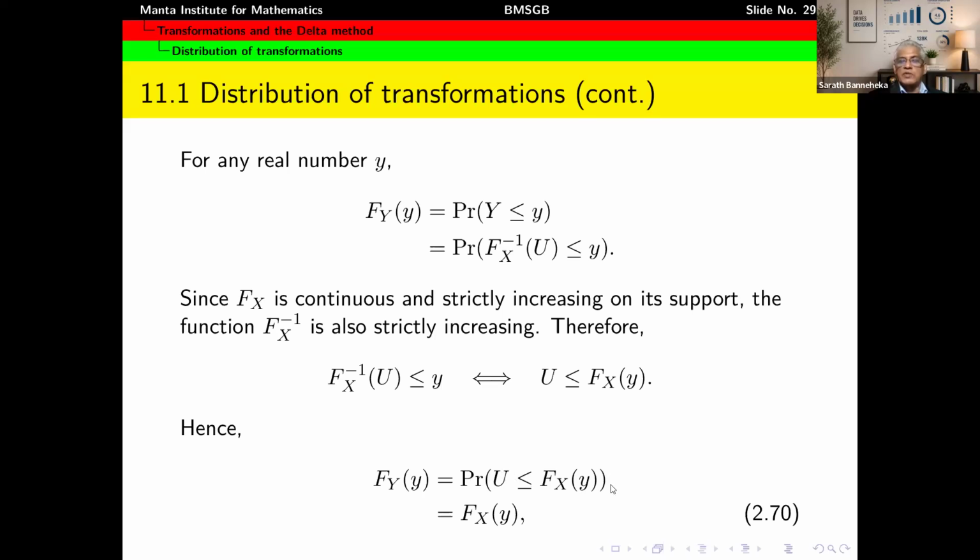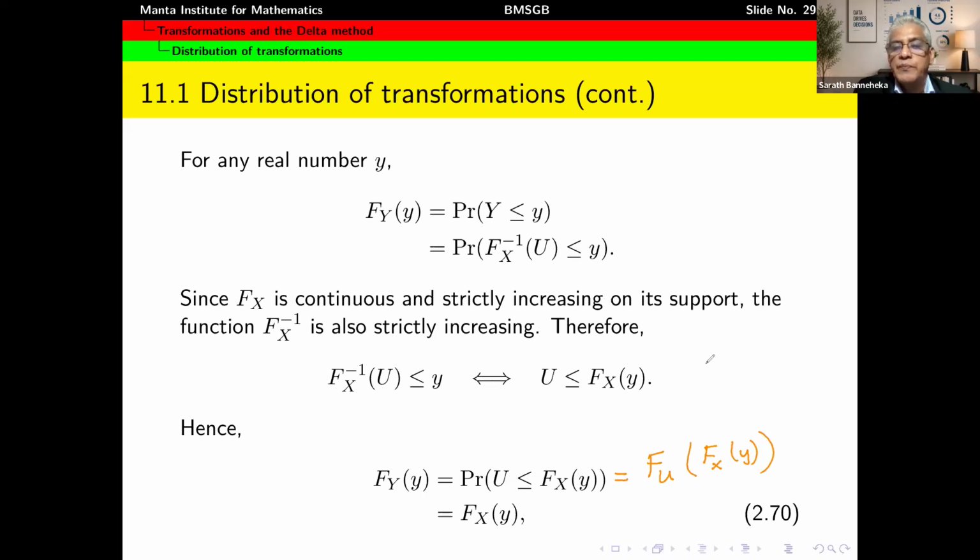So I can write one more line to make it clear: this is actually F_U evaluated at F_X of y. The cumulative distribution function F_U is evaluated at this real number, F_X of y, which is a real number.